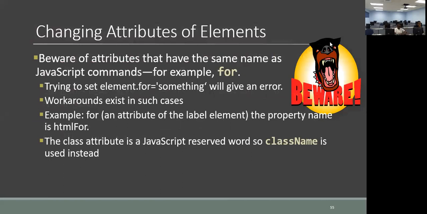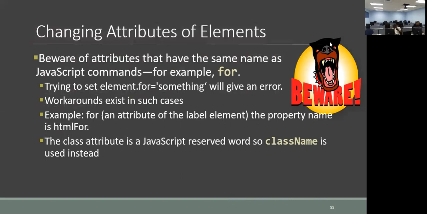Now, just in terms of attribute names, there are two that come readily to mind. for is a reserved word in JavaScript, and for is also an attribute in HTML. So you obviously have a conflict if you have a reserved word in the language and you're using that language to access another language.